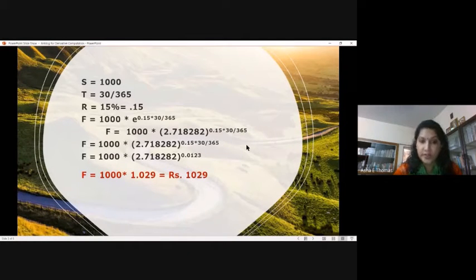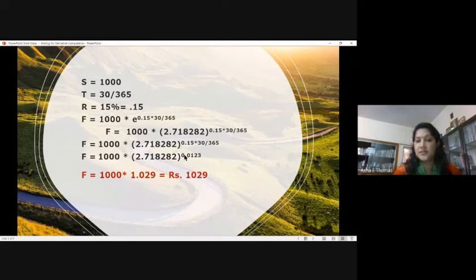When we are looking into the anti-log table, I'm just telling you how to go with it, making you revamp what you have learned in your previous years. This is the answer I get by computing this decimal, that is 0.15 into 30 by 365.